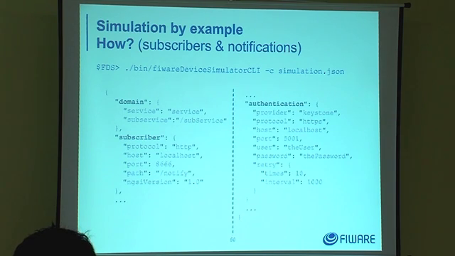In this case, it's the typical data and path used by the short time historic, and instead of sending requests to the context broker, the simulator will be sending notifications to the STH component in this case. Once again, everything works just the same as we have seen so far.